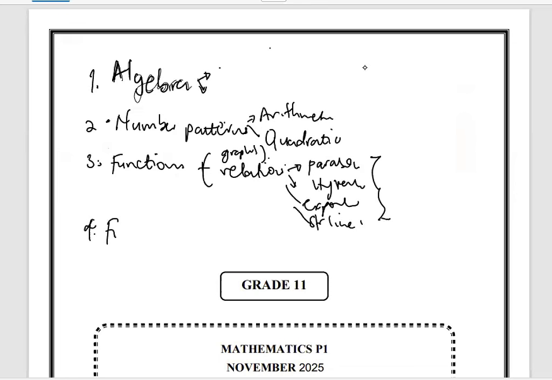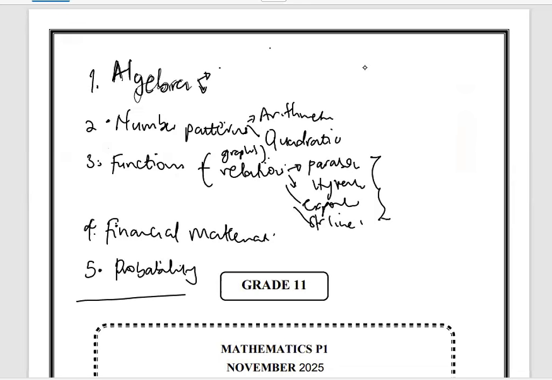Number 4, we have what we call the financial mathematics. Okay, things to do with interest, compound interest, simple interest, and everything that is associated with finance. And then number 5, we have what we call the probability.